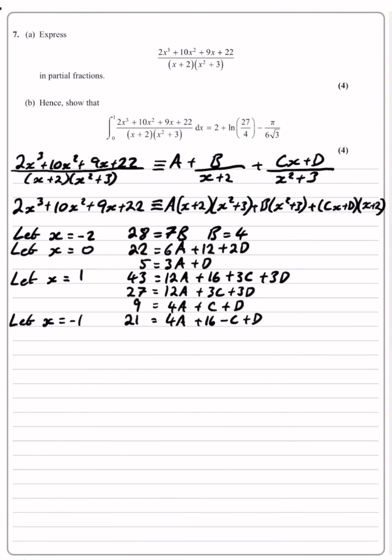And then it's up to you how you want to go about solving this. We've got a 3 by 3 system of simultaneous equations. I've just tidied that one up a little bit and added it to the 9 equals 4a plus c plus d equation. That eliminates c. So we get 14 equals 8a plus 2d, or 7 equals 4a plus d if you prefer.